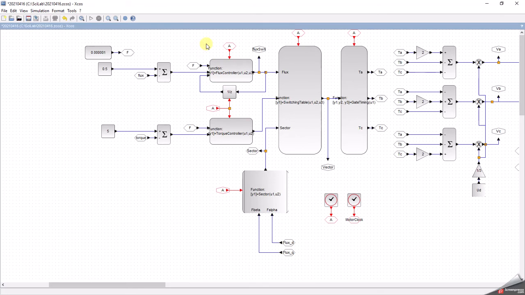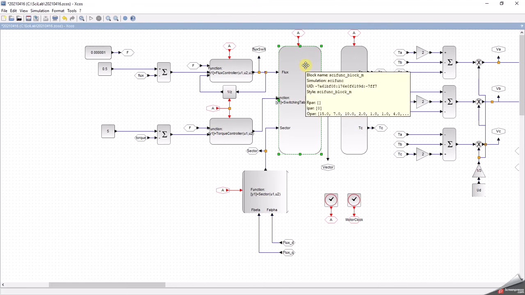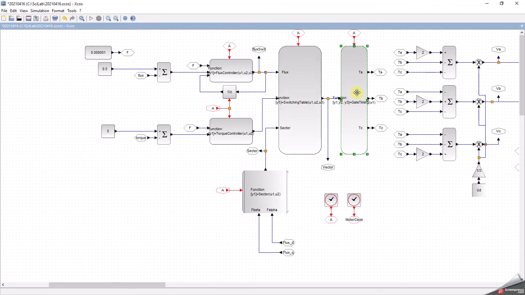So it's hard, on and off. And we have a lookup table to identify what we're going to do with the flux and torque, whether we're going to increase or decrease it. And then essentially we fire a power device, with certain timing elements to it. That's what this is over here.